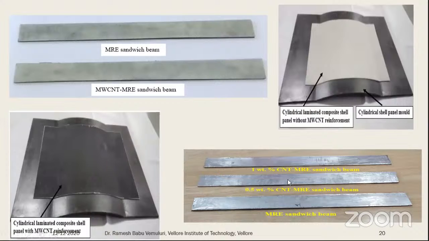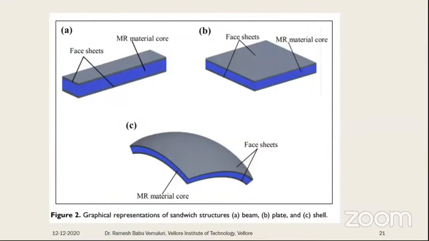Then here we can see 1 percent of the weight of the CNT, and 0.5 percent of CNT, in MRE sandwich beams. Those who are working with CNT would have known that 1 percent of the weight of the CNT will give the best properties in their characteristics.